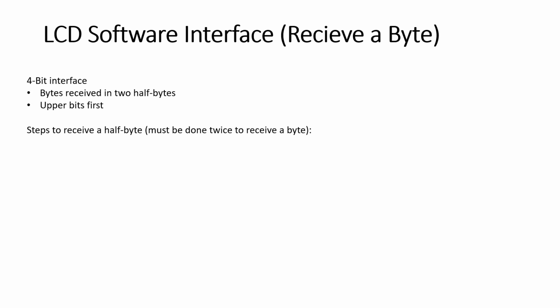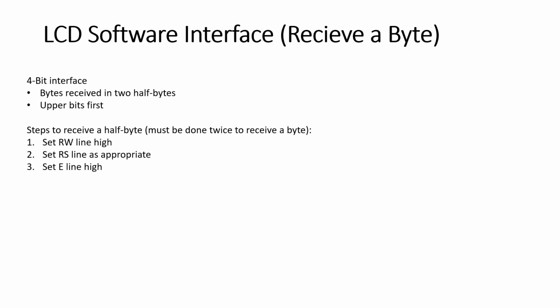And the steps to receive that half byte, which also have to be repeated twice, are: first set the read-write line high to signal that you want to read from the LCD display. Then you set the RS line, the register select line, as appropriate, so if you want to read a command, so state, or if you want to read data from the screen.